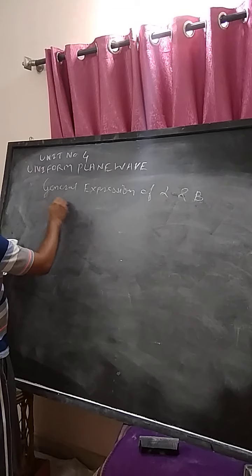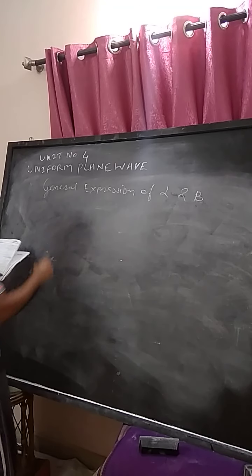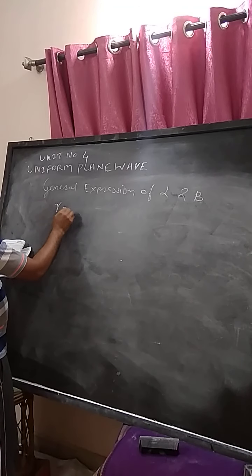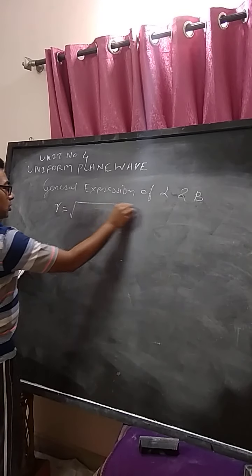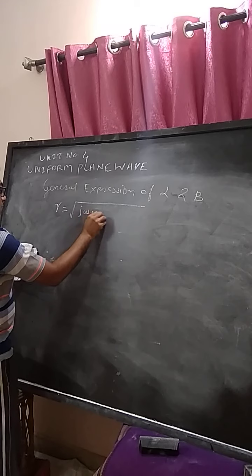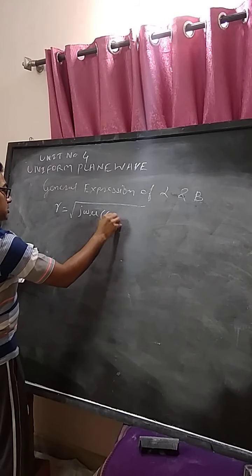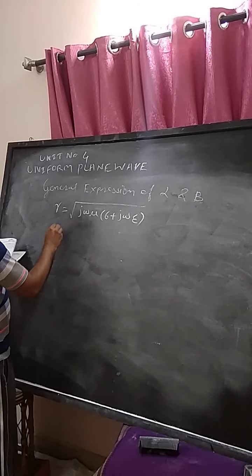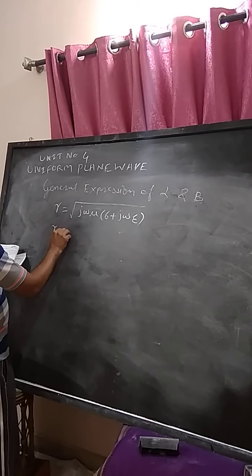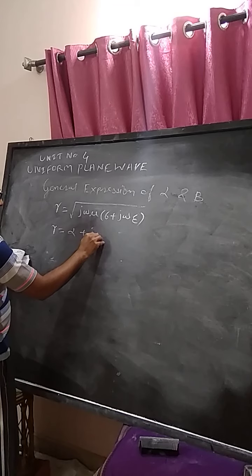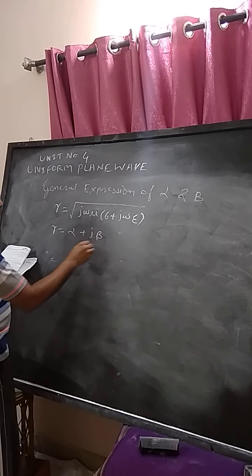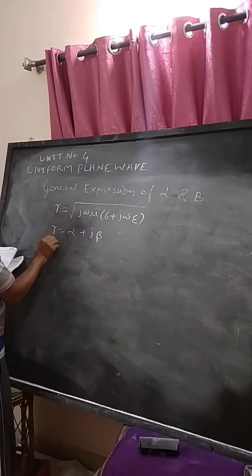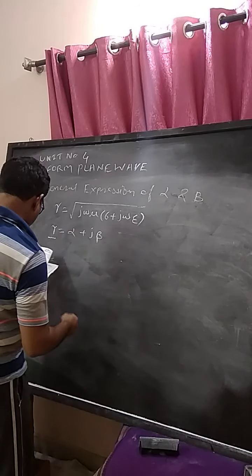Before the general expression of alpha and beta, we should remind that the equation of gamma is under root of j omega mu into sigma plus j omega epsilon, and the general equation for gamma is alpha plus j into beta, where alpha is the real component and beta is the imaginary component, whereas this gamma is the propagation constant.